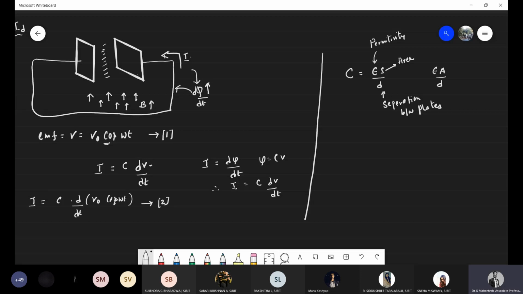So capacitance is C is equal to epsilon S by D. I'll call this equation 3.